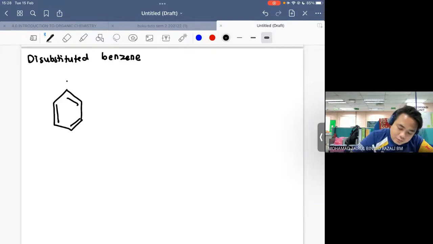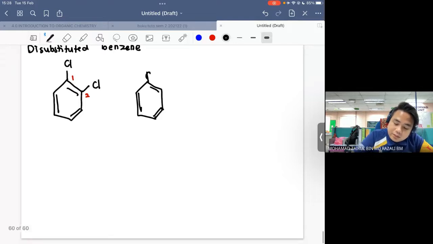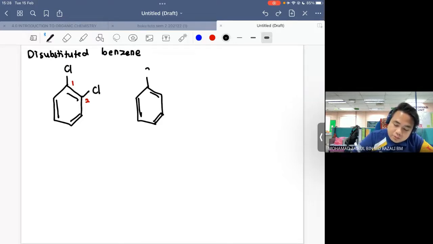Let's say I have one chlorine here and another chlorine here. Kalau awak tengok, the chlorine are located at carbon number 1 and carbon number 2. In order to draw the position isomer for this compound, kalau saya draw another benzene, the chlorine at carbon number 2 tu saya change to the position number 3.